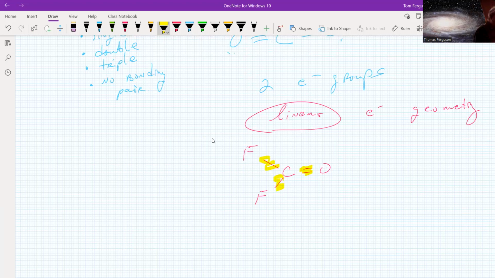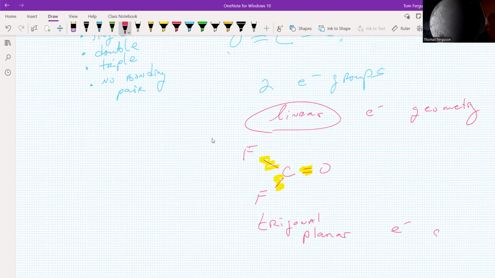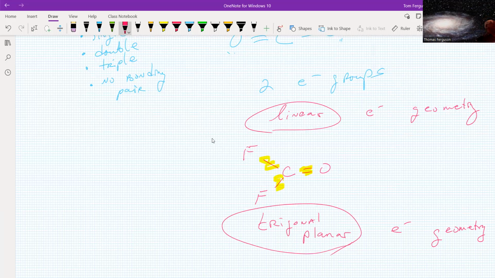If you have 3 electron groups, you have trigonal planar. What does the word planar mean? On the plane. Flat. In other words, 2-dimensional, not 3.